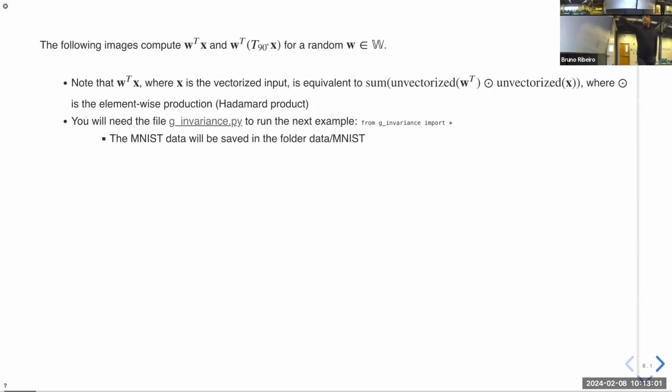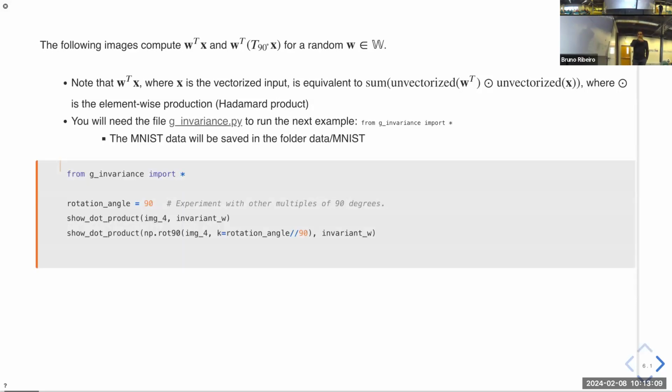And then later, when you look at the tutorial, you can download this auxiliary library that will help us do this. Okay, so here's the scary part. I'm going to run everything live. So let's see if this works. Okay, so I'm giving a rotation angle of 90, and I'm first showing. Oh, what's happening?